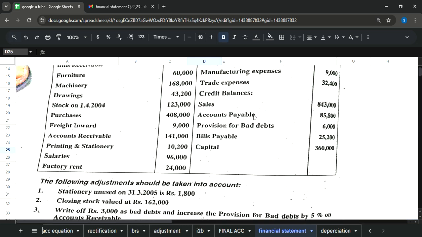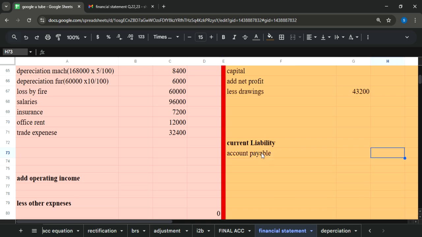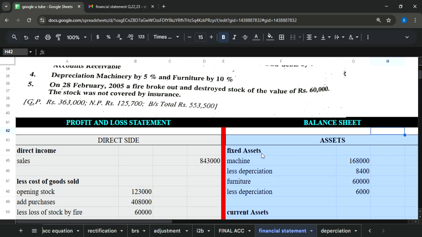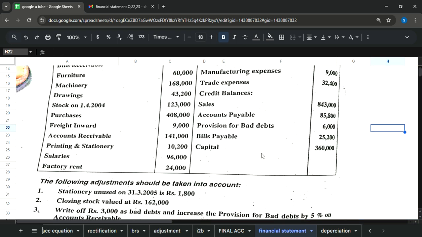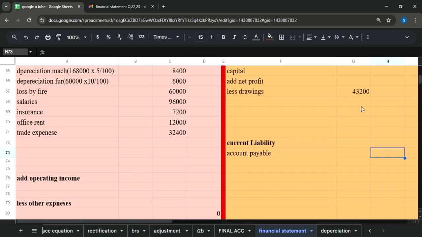After that we have account payable, again liability. Current liability we will choose. Account payable 85800.